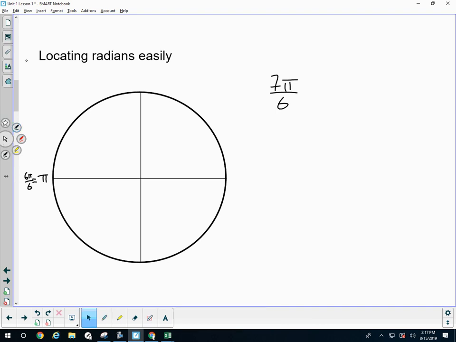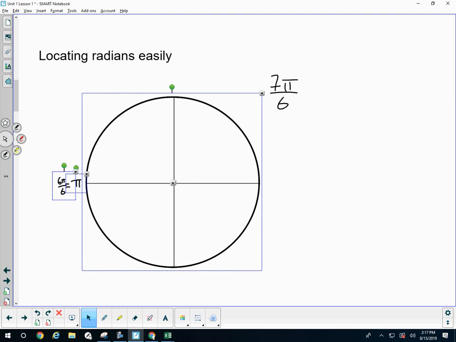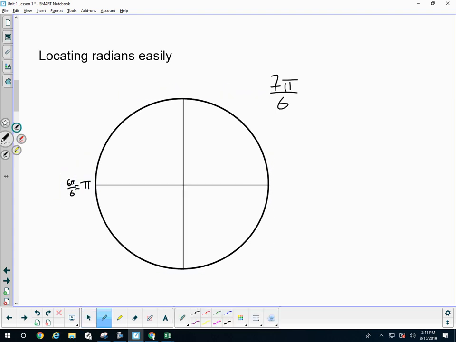It can be written as 3 pi over 3. It could be written as 4 pi over 4. Those are all just versions of 1: 3 over 3, 4 over 4, 6 over 6.